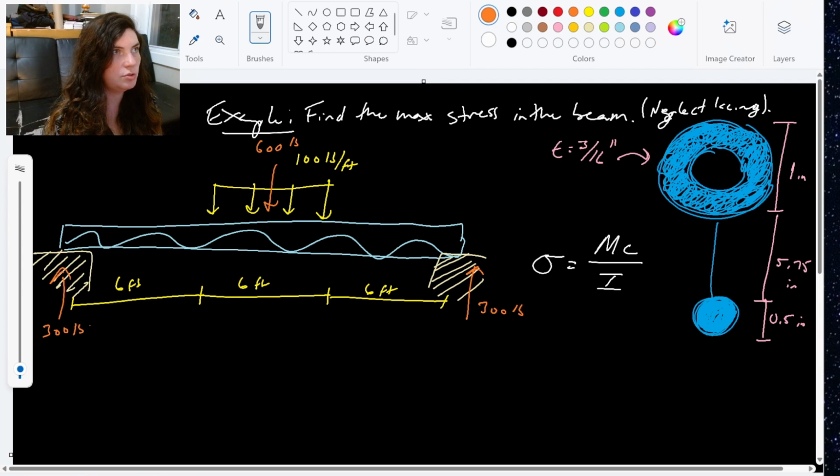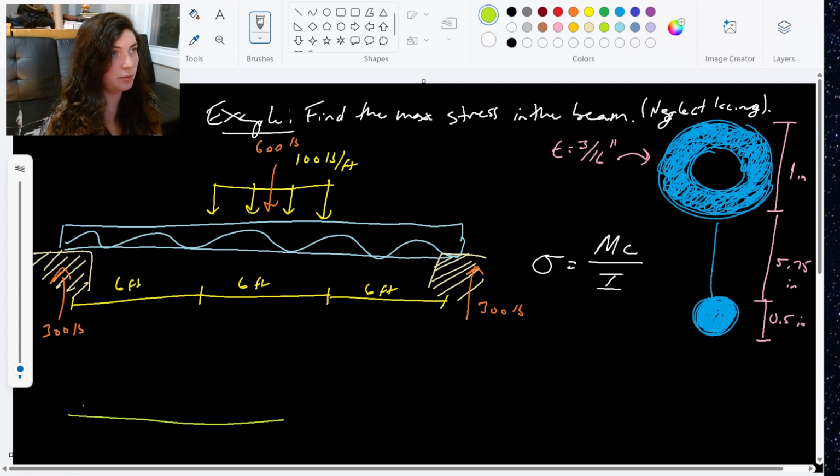Each of those two end supports. But we also know from the last problem that our maximum moment is going to occur right in the center. So we don't actually have to draw a shear and moment diagram to find what the max moment is. I know it's going to be right in the center.